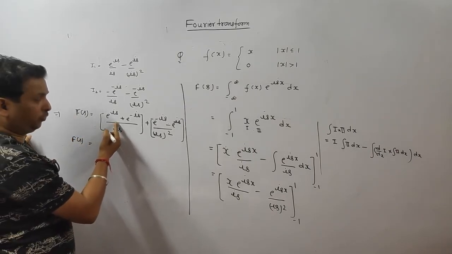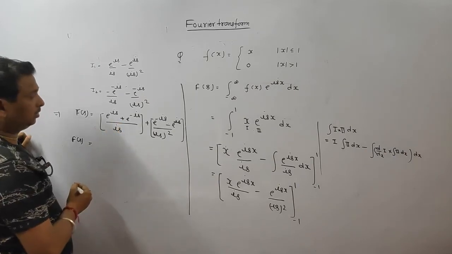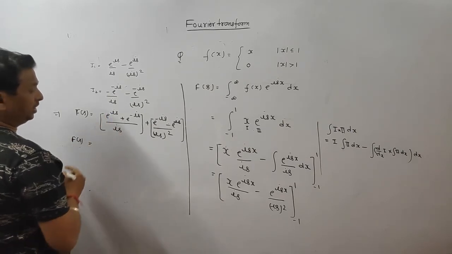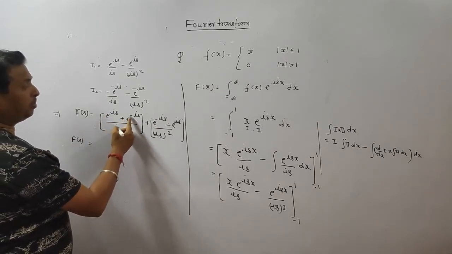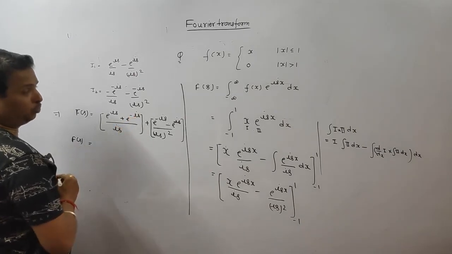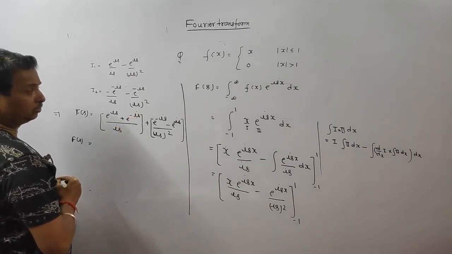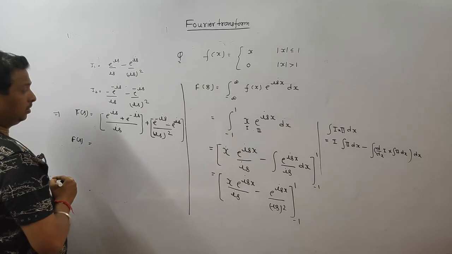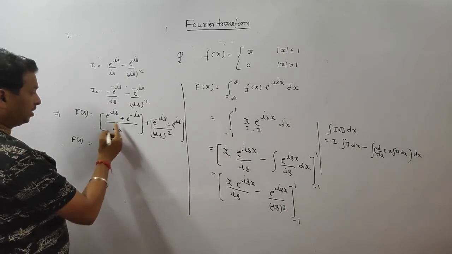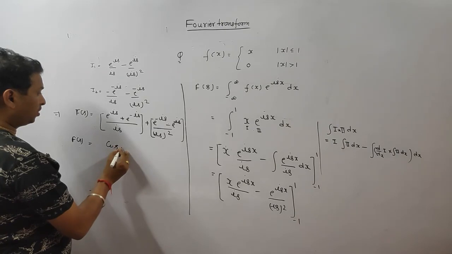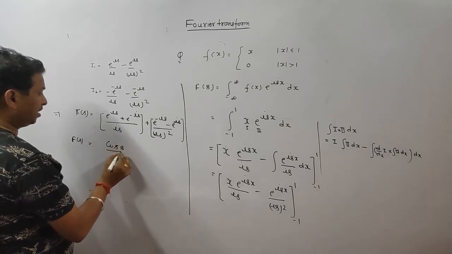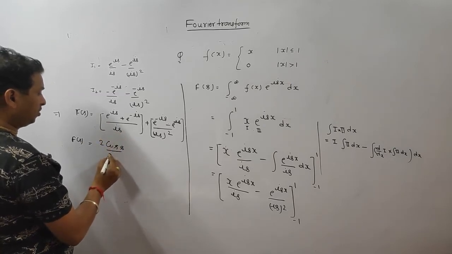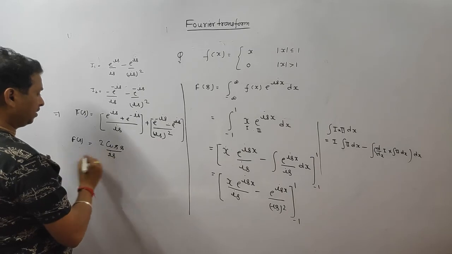So if you remember, this is what? e to the power iota theta plus e to the power minus iota theta by 2 is the formula for cos theta. So it is cos s, multiplied by 2 because 2 is required, upon iota s.